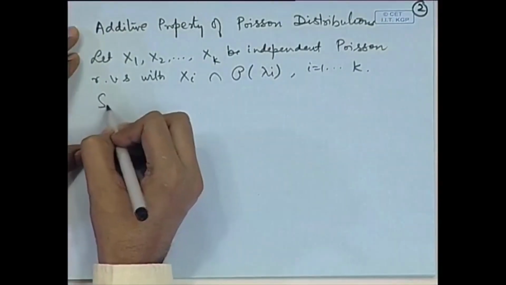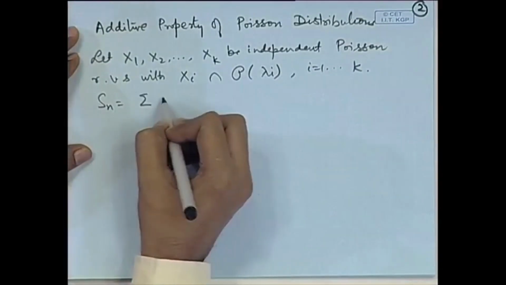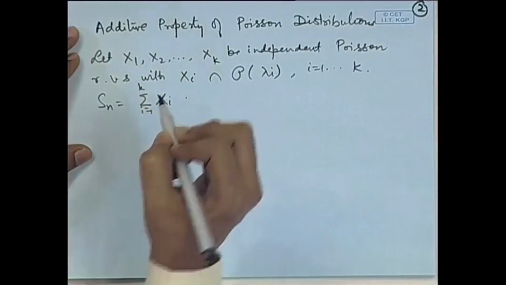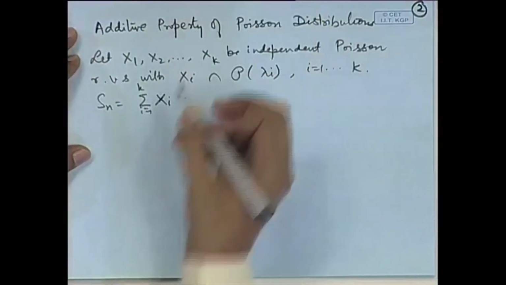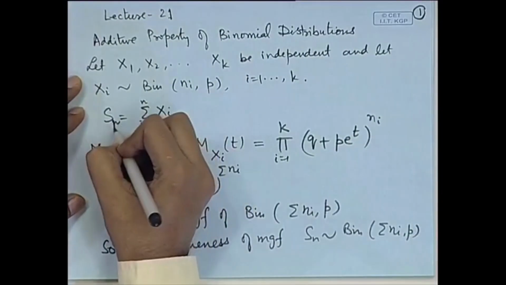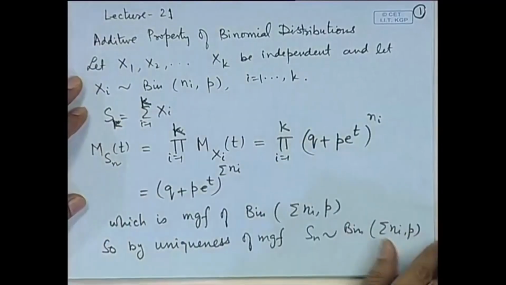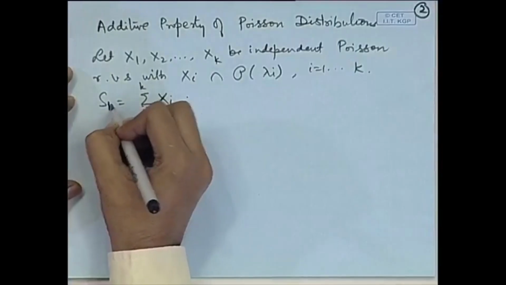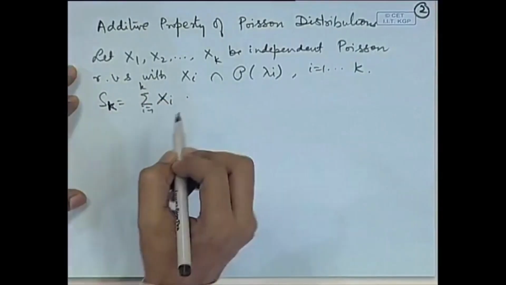Once again we are interested in the distribution of the sum of the Xi for i equal to 1 to k. I made a mistake earlier, this should be Sk, that is, sigma Xi for i equal to 1 to k. So here also it will be a sum of k variables.